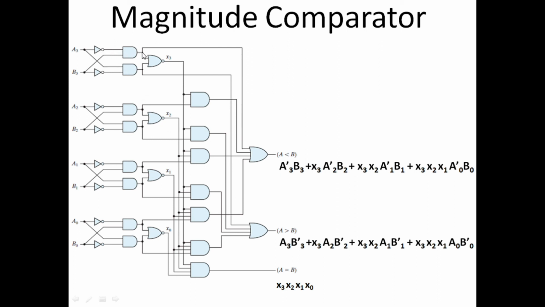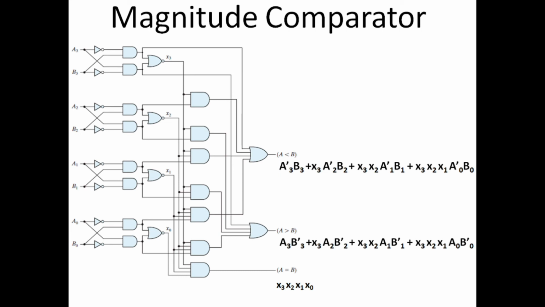So the connection from the upper AND gate is taken, and for the A greater than B, the connection from the lower AND gate is taken. So that is the difference. x0, x1, x2, and x3 are used in all functions, so they are the same. So this is the implementation of magnitude comparator with logic gates.